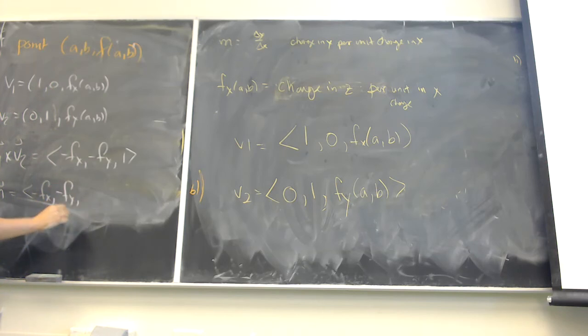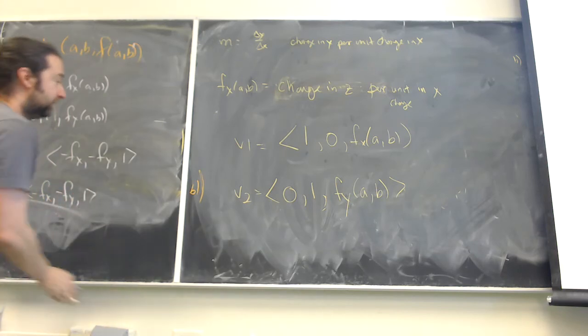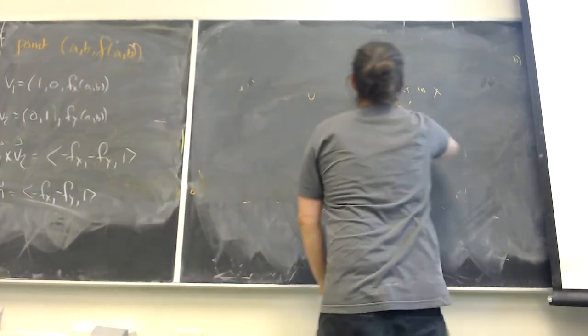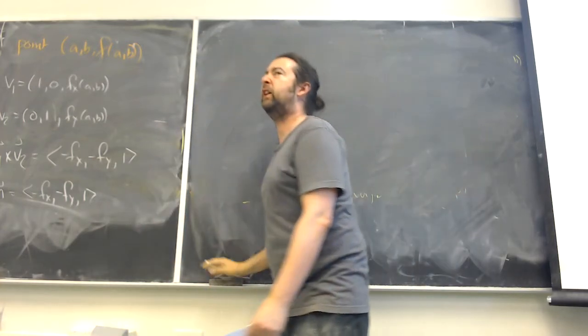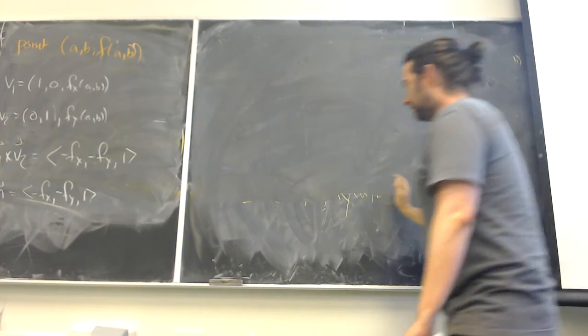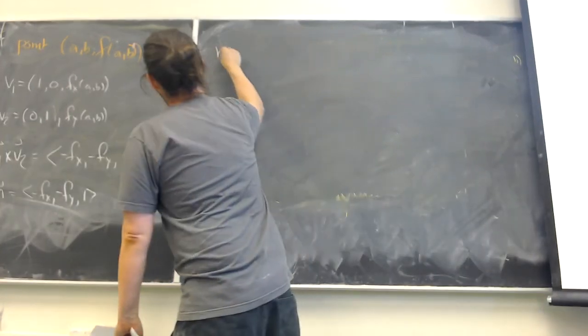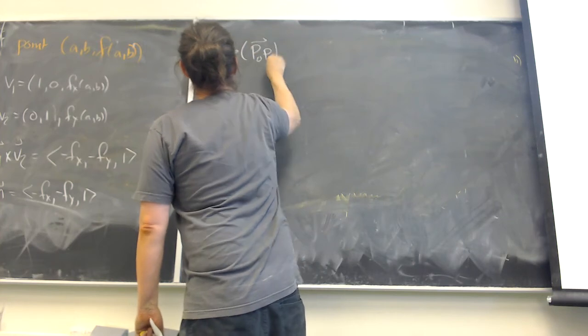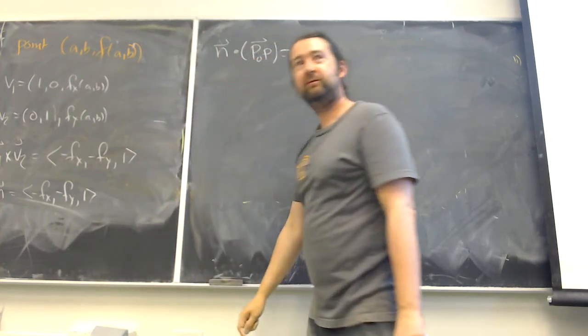And so finally, using the fact that you have a normal vector and a point, you can write down that the tangent plane, if it exists, has the formula n dot (p minus p naught) equals 0. Oh, that's kind of dissatisfying.